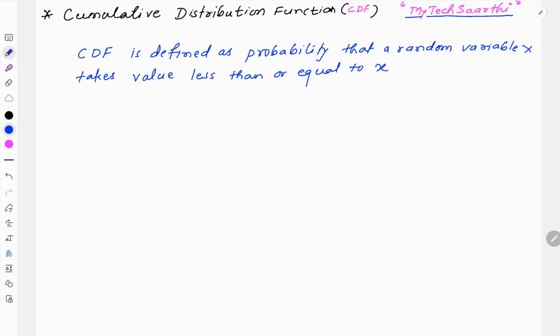So simple definition, CDF is a distribution function and it is defined as the probability that a random variable will take a value less than or equal to small x.